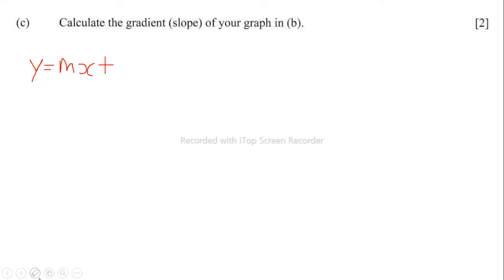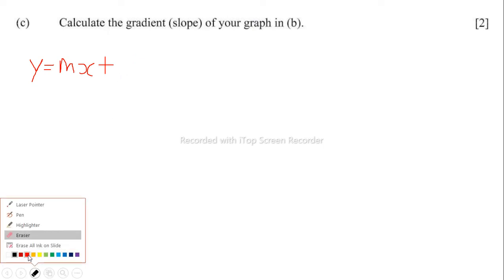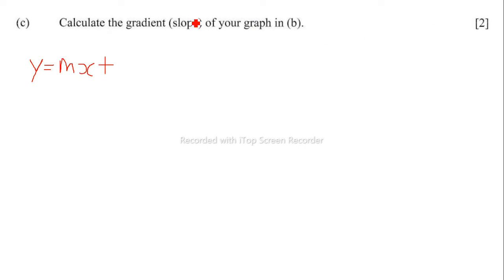But they say calculate. So we have to use the equation because they say calculate.